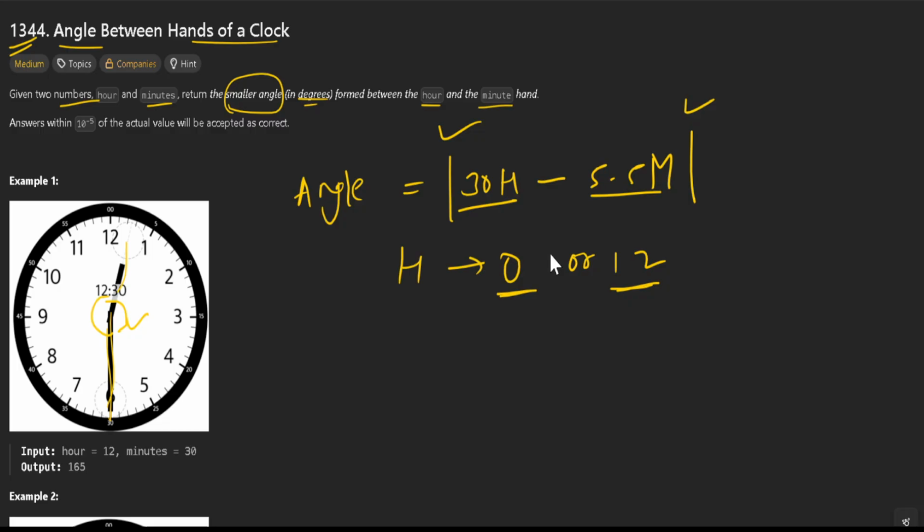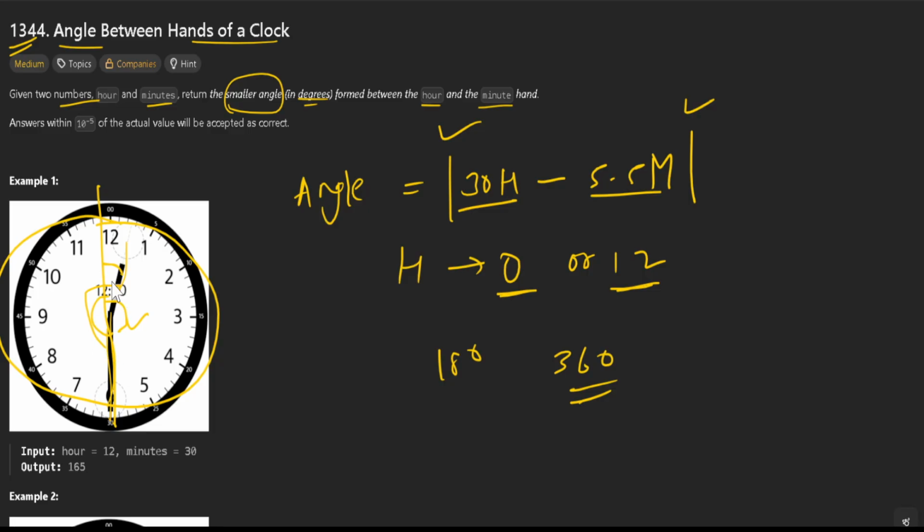If the calculated angle is greater than 180, we have to subtract it from 360. Why? Because 360 is the whole angle around the clock. Half of it is 180, so after the half, the angle becomes more than half and is the bigger one.